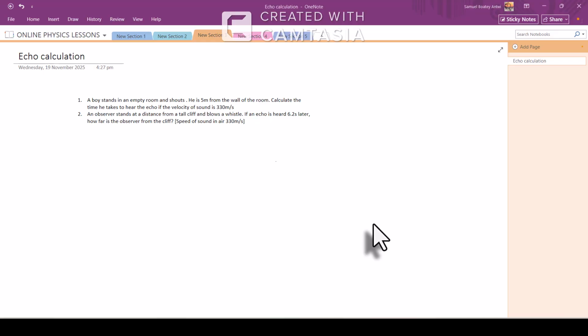Then in explaining the characteristics, we also touched on echo, which is the reflection of sound.